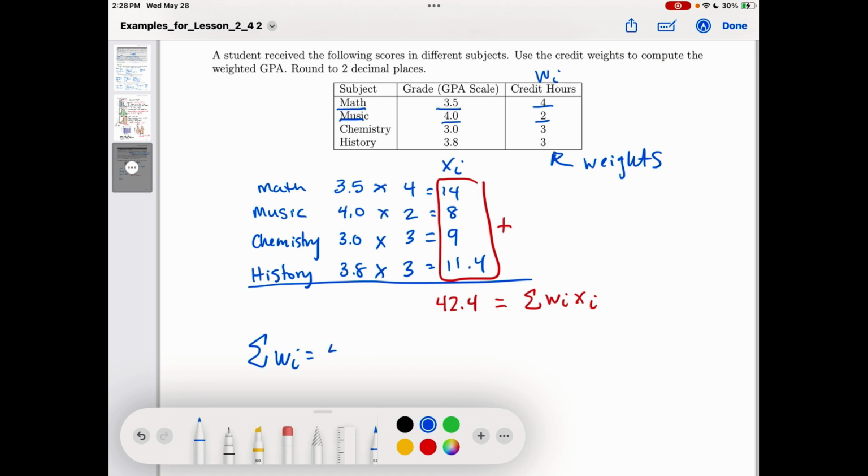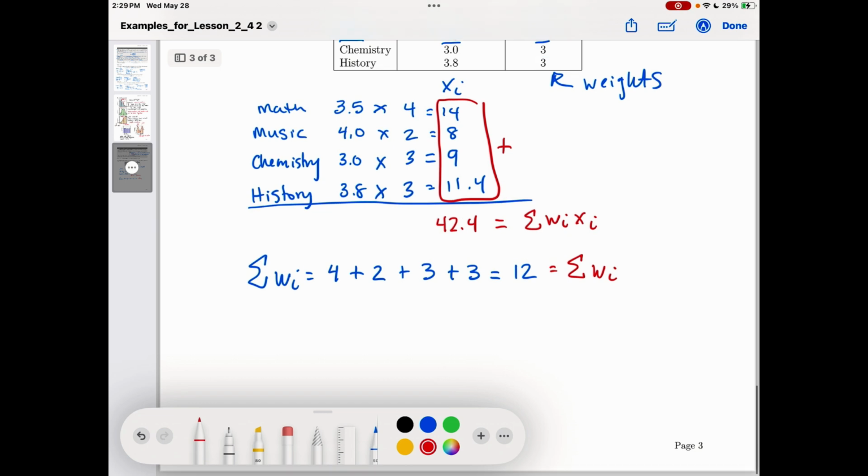So when I take the sum, that means I'm taking 4 plus 2 plus 3 plus 3. That's going to give me 12. So that's this. Now the last step for our weighted average, we want to take the sum of all of our weights times all of our x's, and we want to divide by the sum of all of our weights.